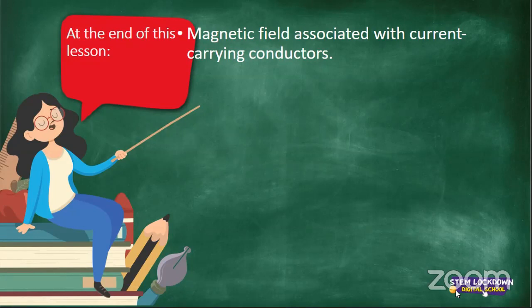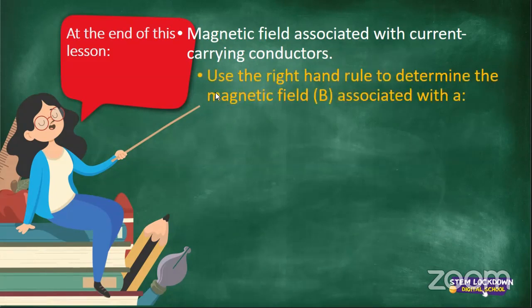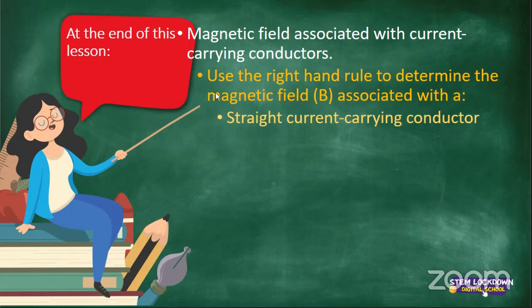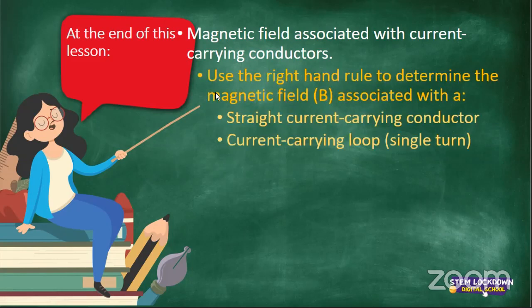At the end of this lesson, you should be able to know the magnetic field associated with the current carrying conductors. You should be able to use the right-hand rule to determine the direction of the magnetic field associated with the following: 1, straight current carrying conductor; 2, current carrying loop, that is a singleton; and then a solenoid, the conductor with multiple loops or with multiple turns.